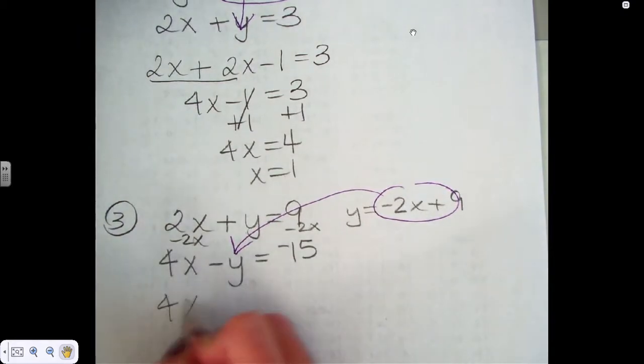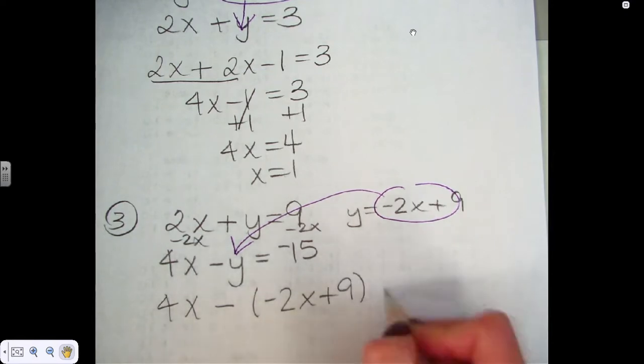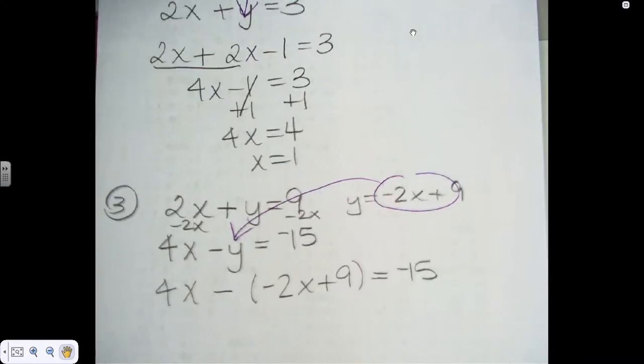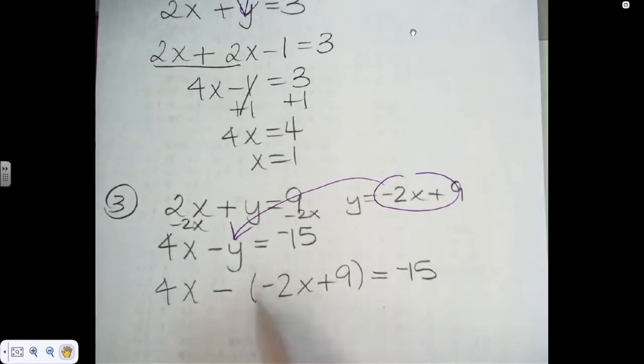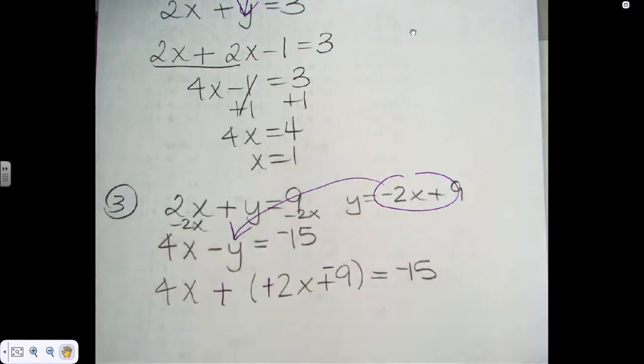So that gives me 4x minus negative 2x plus 9 is equal to negative 15. Now be careful here, because I'm subtracting everything in the parentheses, which really means I'm changing all the signs or adding the opposite of everything there.